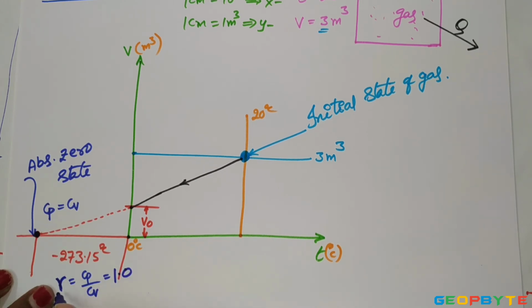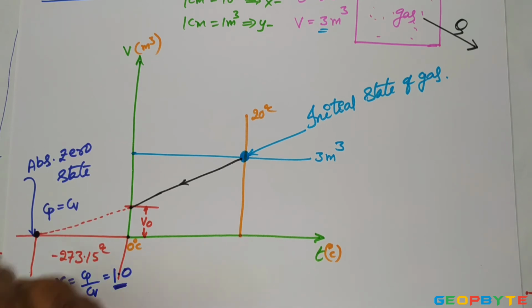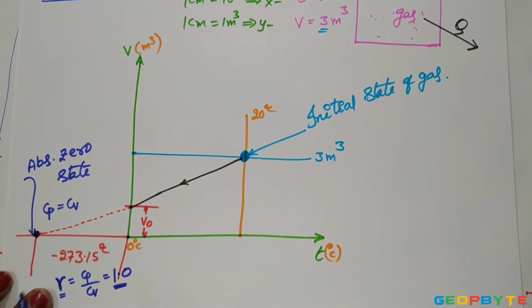Gamma equal to 1.4 for air at environmental condition. Isothermal index is 1, adiabatic index is 1.4. But at absolute zero state, isothermal index and adiabatic index are identical. Therefore, the isothermal process and adiabatic process are identical only at absolute zero state. Other than at absolute zero state, they are never identical.